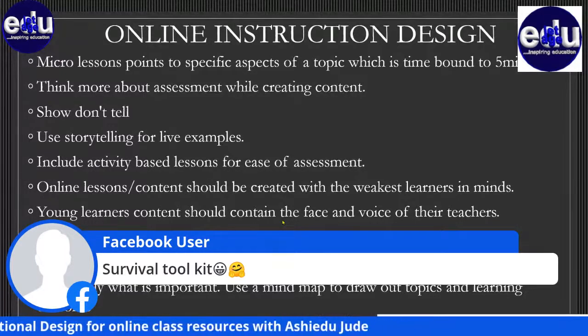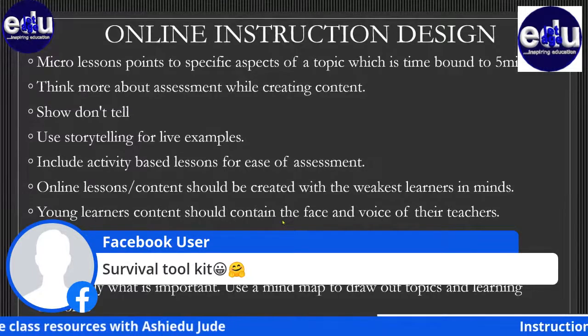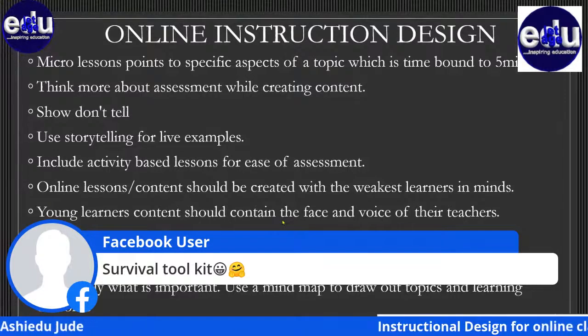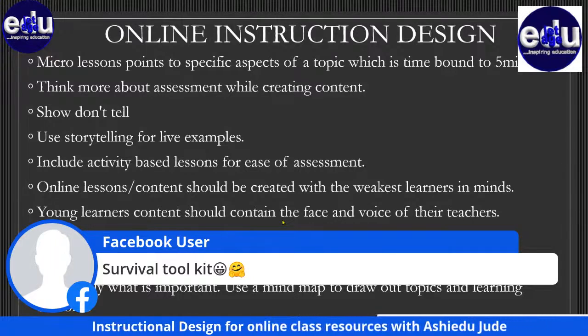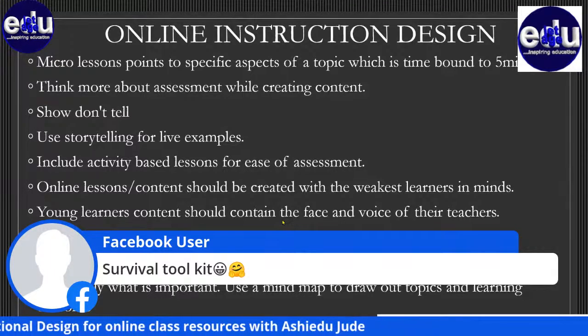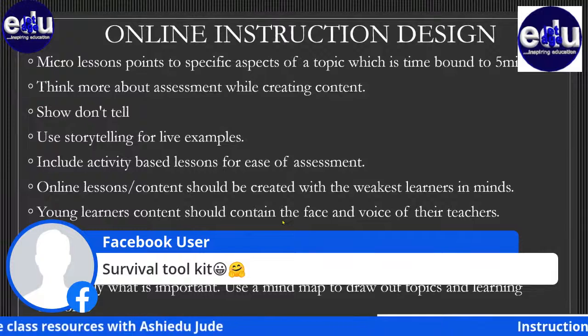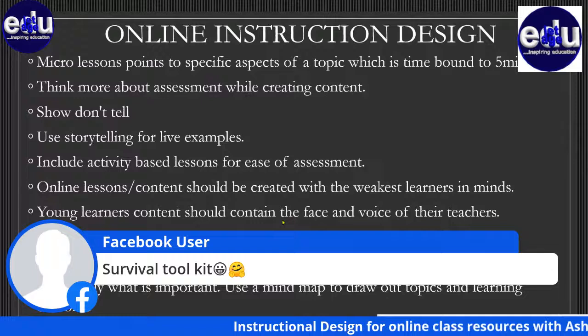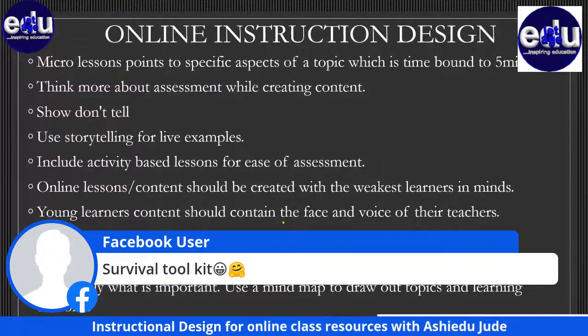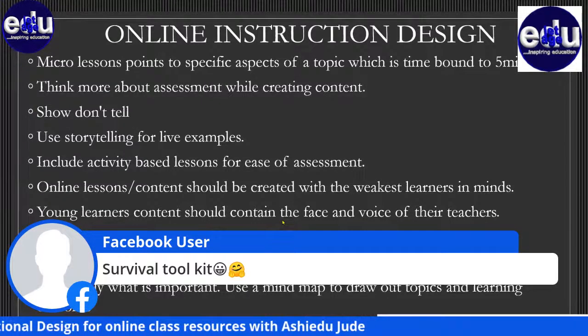Micro lessons are lessons on point for specific aspects of a topic. You're not going to be teaching 3 or 4 aspects of a topic in one go online. So when you're creating resources as a teacher or as an educator for online purposes, especially for your young kids, micro lessons work perfectly.